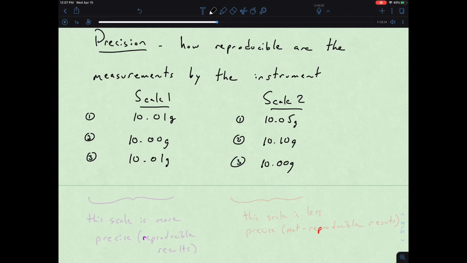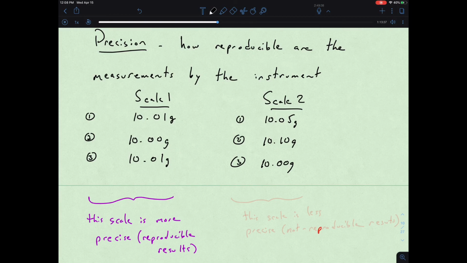There's not much difference here. This scale is more precise, reproducible in terms of these results that we're having.